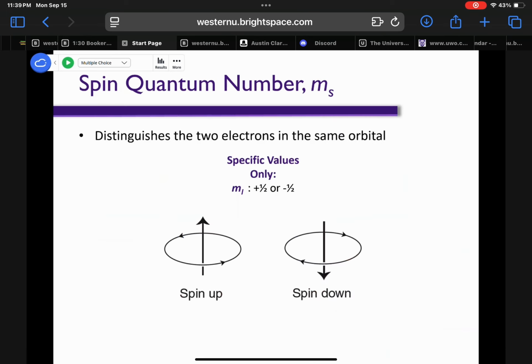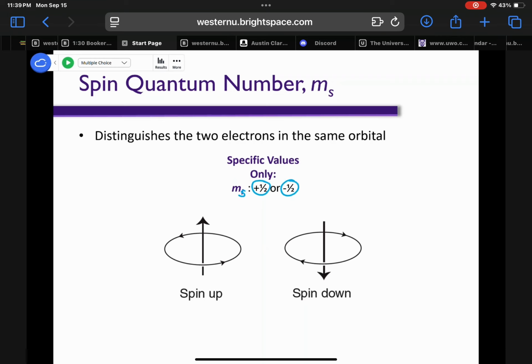In each orbital, we can have 2 electrons. But no 2 electrons can have the same 4 quantum numbers, which means their spin quantum number, the 4th quantum number, must be unique. The rules for the spin quantum number: ooh, that's a typo, it has to be plus half or minus half.